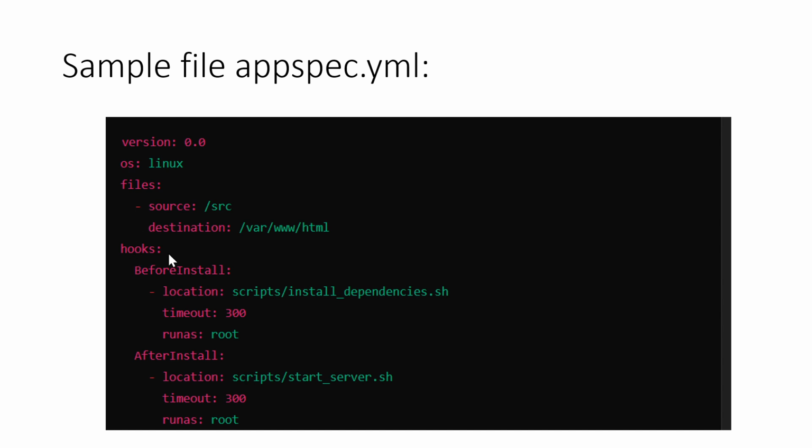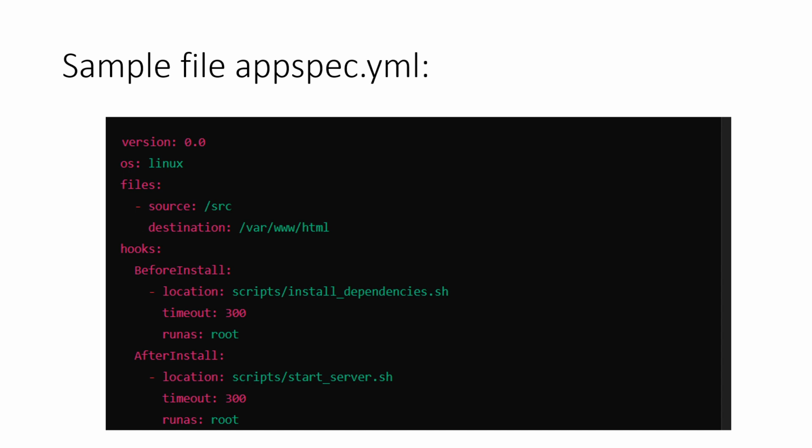Okay. And hooks is nothing but the operation which needs to be done once after copying. So these are the steps, that is, before install. We can specify the path of the location. In the .sh file we provide the set of commands, so what needs to be installed. If you are going with this script, we need to have the Apache 2 server installed, right?